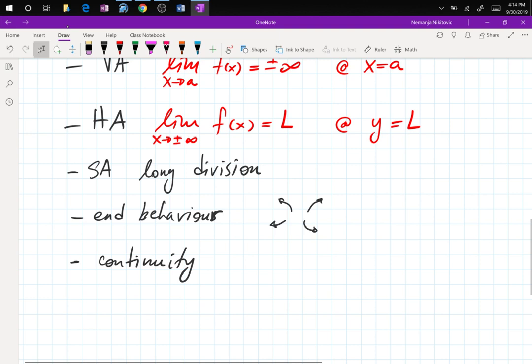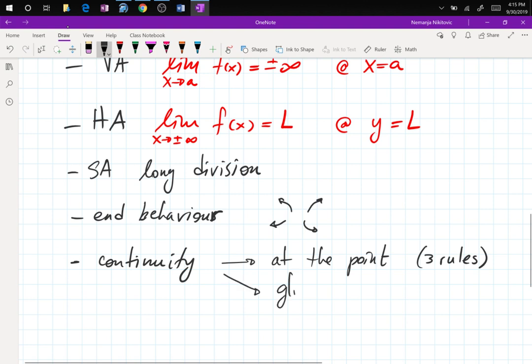We have 2 more things. Continuity at a point, and that would be the 3 rules. Again, it could be a problem, or it could be you just stating what the definition is.